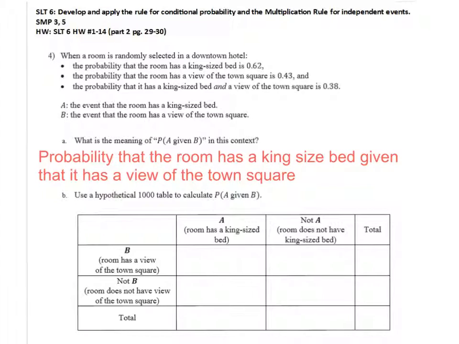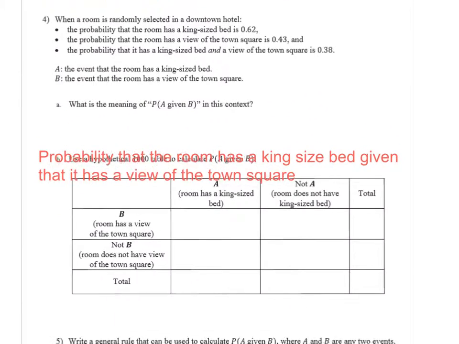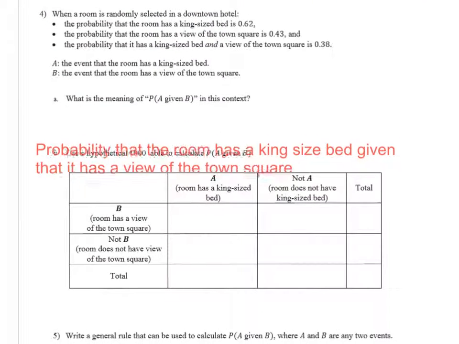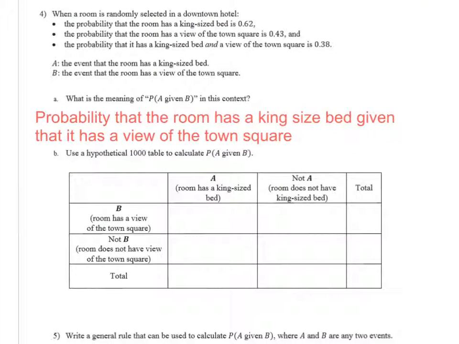So your answer for A is that P, the probability of A given B, means the probability that a room has a king-size bed given that it has a view of town square. So filling in our thousands table, thousand is our total.